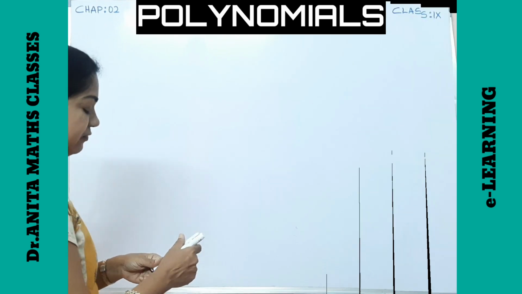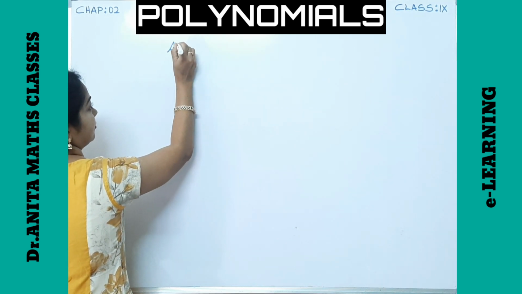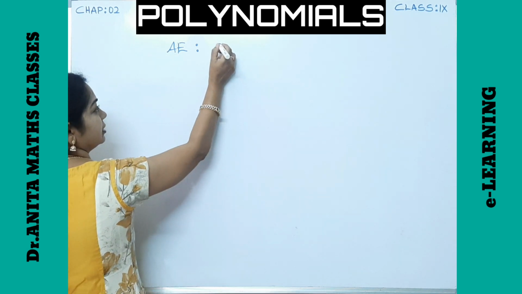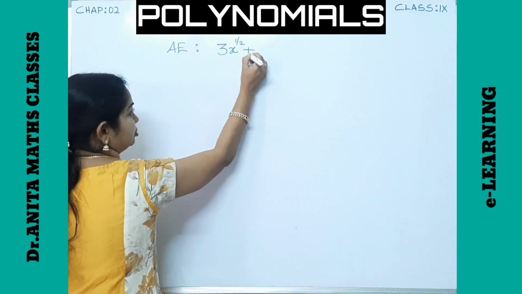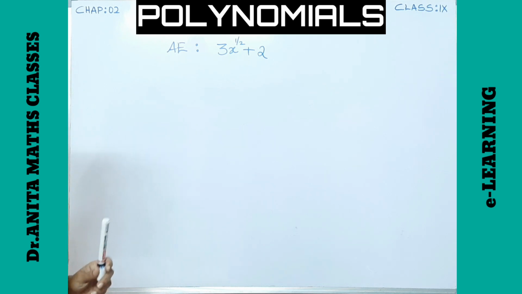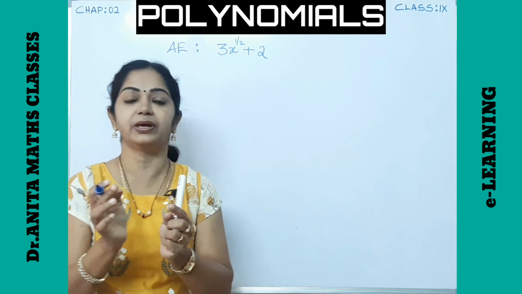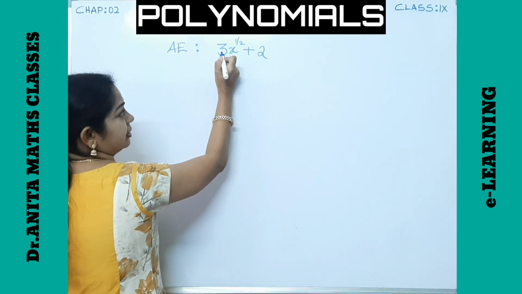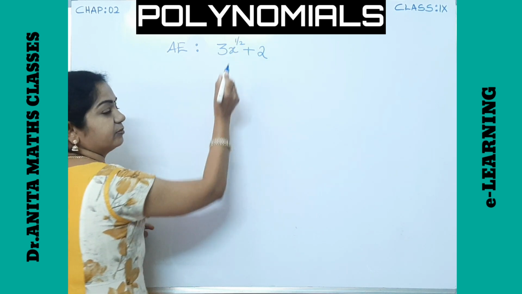Let me take an example of an algebraic expression: 3x raised to the power of half plus 2. Okay, this is an algebraic expression. Here an algebraic expression is an integer constant into variable raised to the power of a rational number, in the form of p by q.